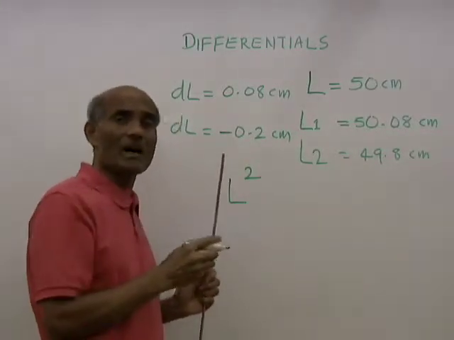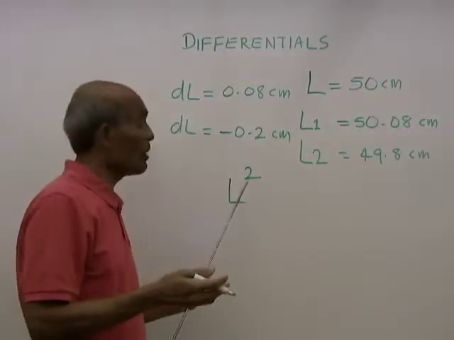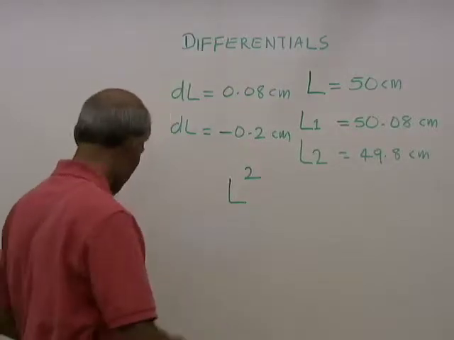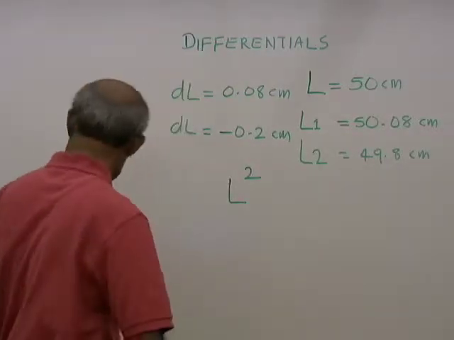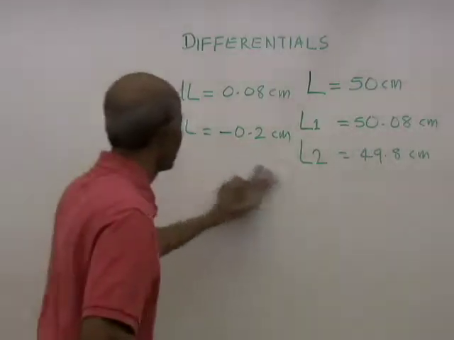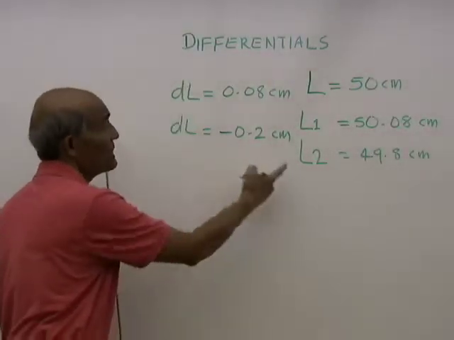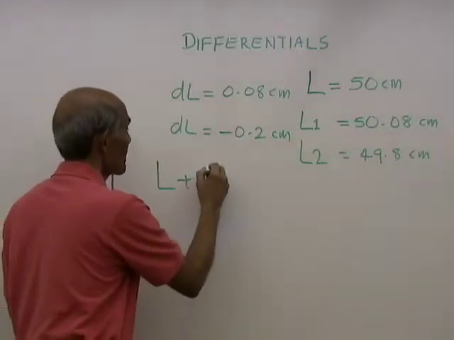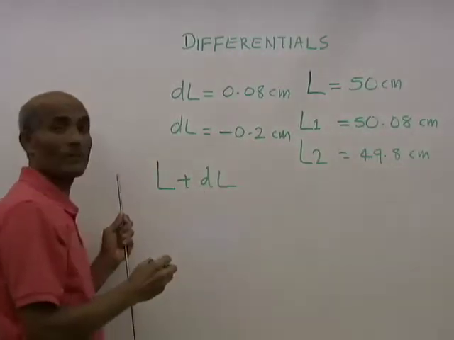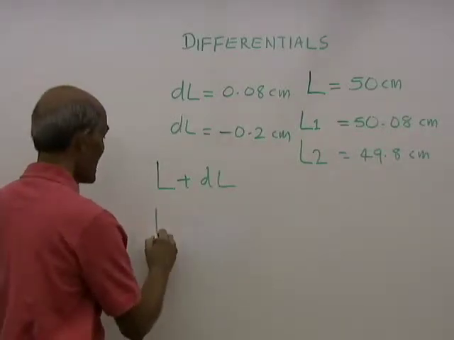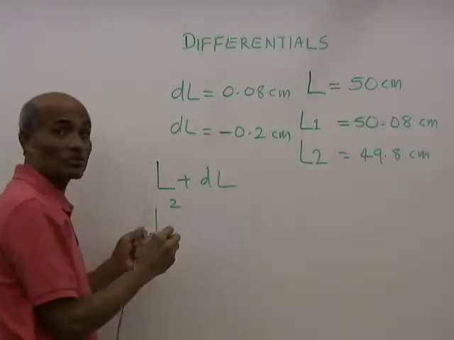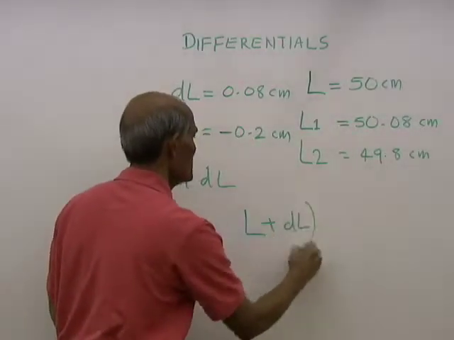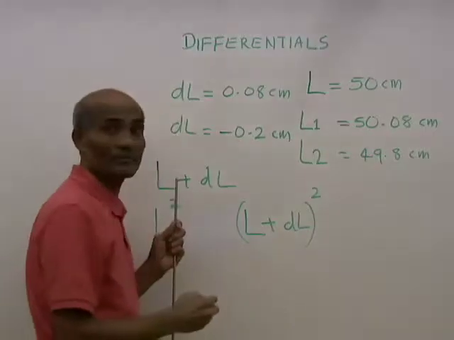Now, let's see how much is the error that is involved in calculating L squared. All right, to do that, I'm going to say that the measurement made by the first student is L plus DL. So if I want to take L squared, the student is actually going to calculate L plus DL all squared.